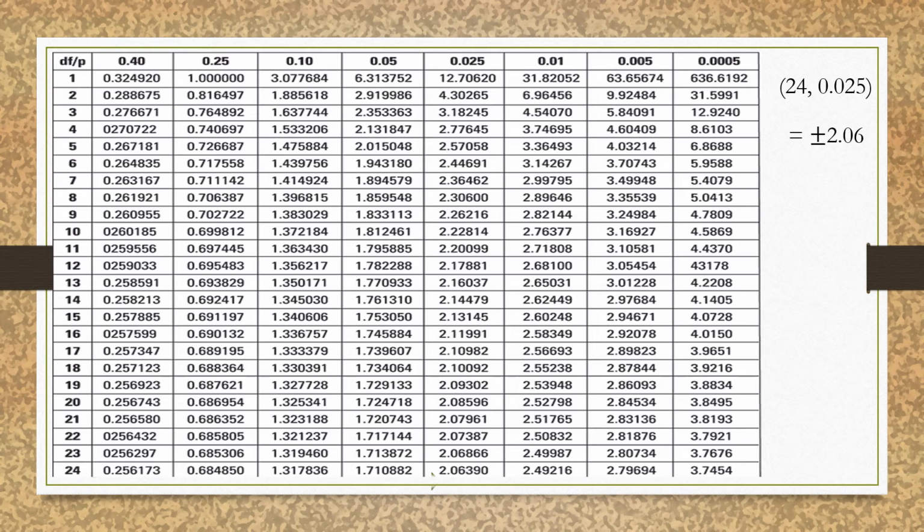Our degrees of freedom is 24, then we have our 0.025 after we divide 0.05 by 2. Then we have the intersection of 2.06390, or approximately 2.06. So we have our critical value of plus minus 2.06.